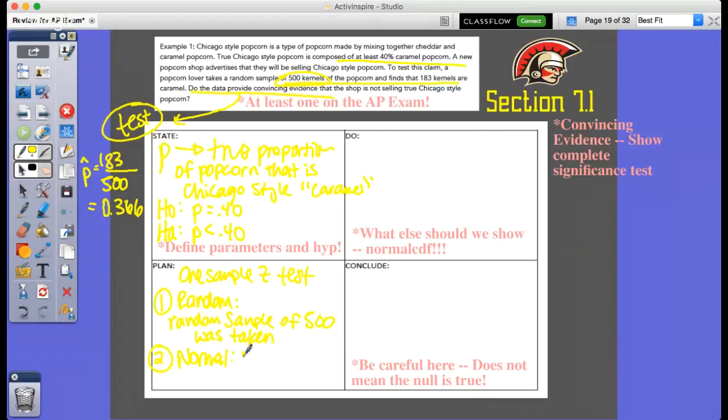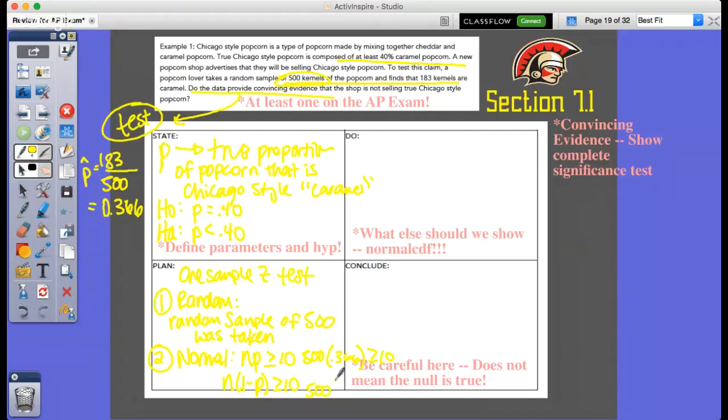So with the normal condition, we know that n times p is greater than or equal to 10, and n times 1 minus p is greater than or equal to 10 for proportion. So we simply just plug it in. So we say, all right, 500 times 0.366 is greater than or equal to 10. Actually, write that out there when you do it.